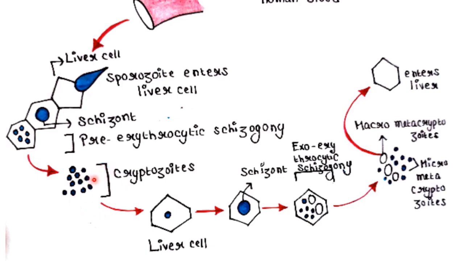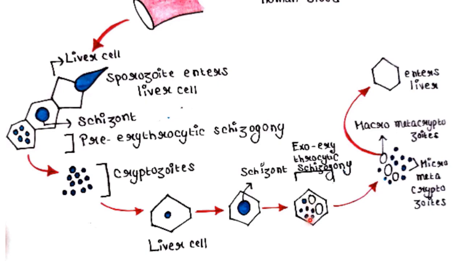These cryptozoites enter new liver cells and again grow up. Whenever a cell grows up inside a cell, it is called schizont. Again, this schizont undergoes multiple fission or schizogony and generates a number of cells inside the liver cell, just like the previous one. Again, this is happening inside the liver cell.